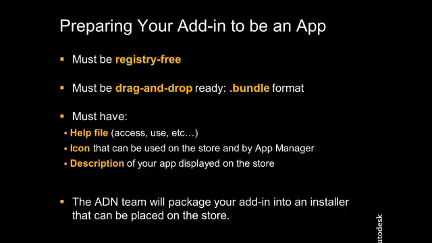Once you've got those information ready, the AddIn team will package your add-in into an installer that can be uploaded on the store. So let's see in more detail what is the exact content of a bundle.